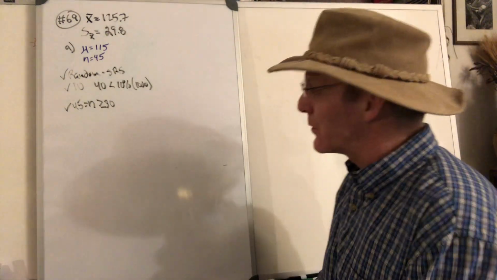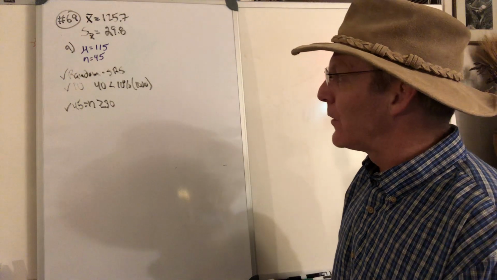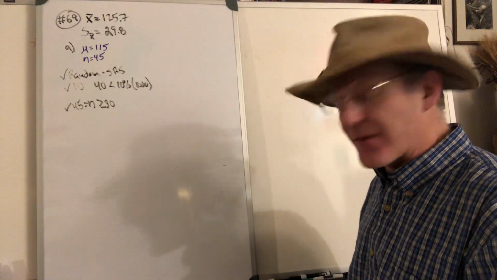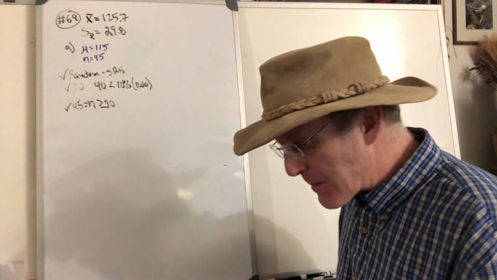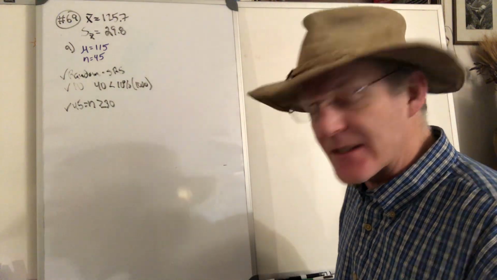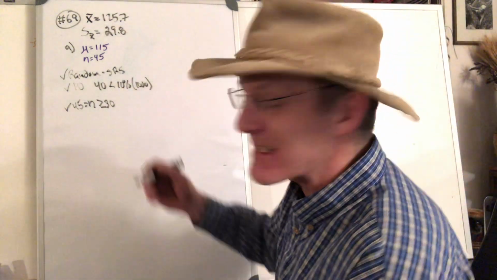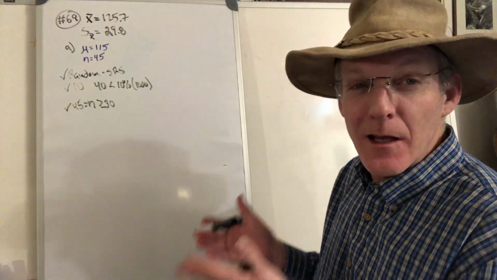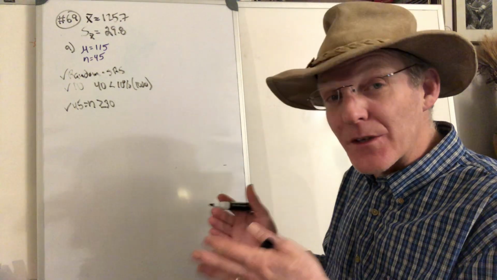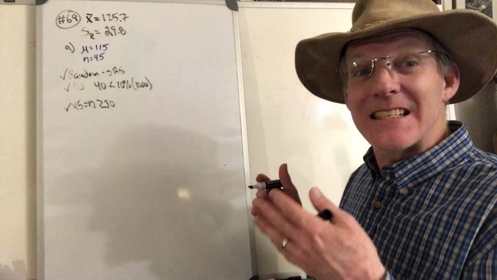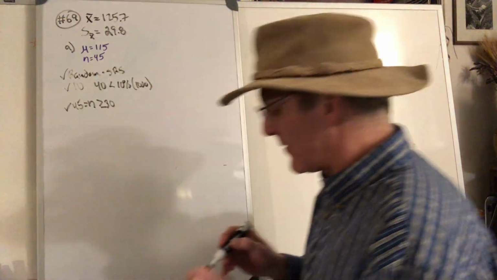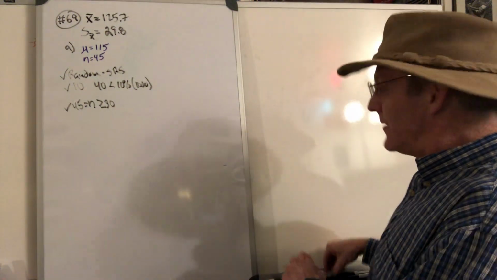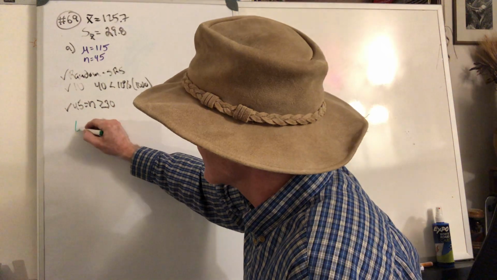Okay, so the next thing we want to do is think about, well, what's our test statistic? Because I believe that was our first question, part A. Part A asks, yes, calculate the test statistic. So that's basically like our z-score, but remember for means, when we don't know the standard deviation, that's a t-score. So we're going to solve, let's change color here, we're going to solve for t.